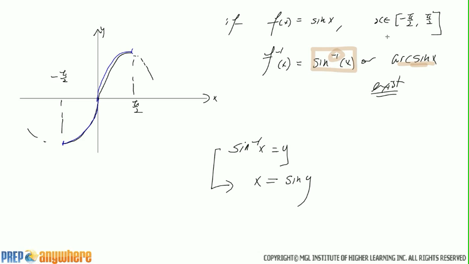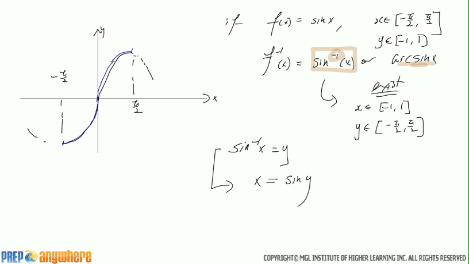Since the domain is restricted and the range of sine is from -1 to 1, for the inverse function, x is going to be between -1 and 1, and the inverse function's output will be from negative pi over 2 to pi over 2. Now here's how it's going to look. Here's pi over 2.